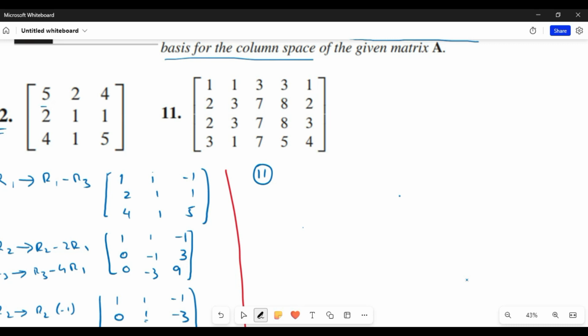Already the leading element in the first row is 1, so we need to convert the same column elements into 0. Let's write a formula: R2 is R2 minus 2R1, R3 is R3 minus 2R1, R4 is R4 minus 3R1.